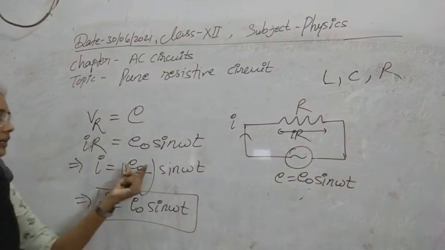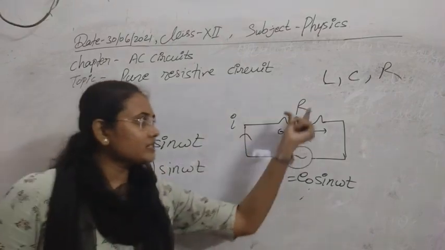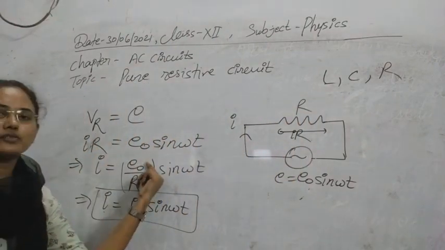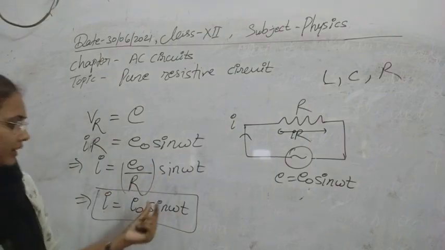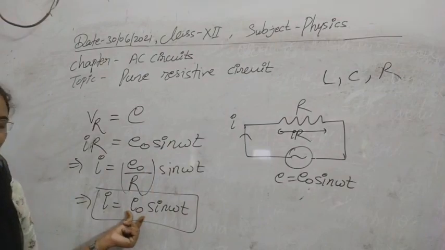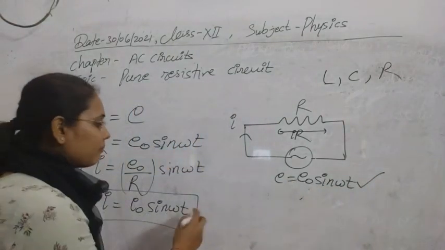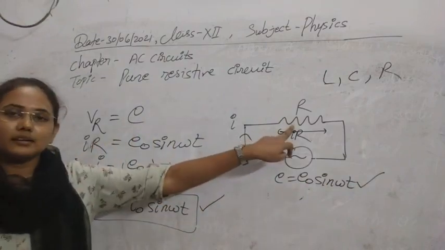As E0 is the peak value of the alternating voltage and R is the fixed resistance that we have used, this value will be fixed for the current also, and this is the peak value of the current that we obtain in the circuit. So we represent it by I0. This is the alternating current that we have obtained in a resistive circuit.